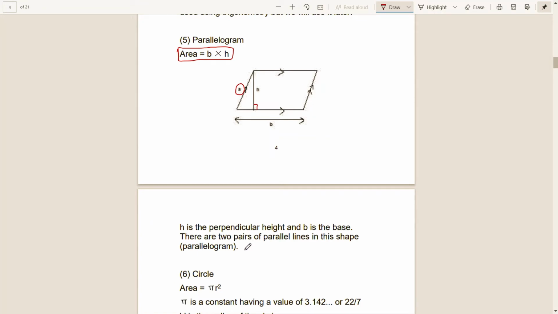There are two pairs of parallel lines in this shape: one pair is of A, the second is the two B's. Area is this base multiplied by this height. It's simple, right?